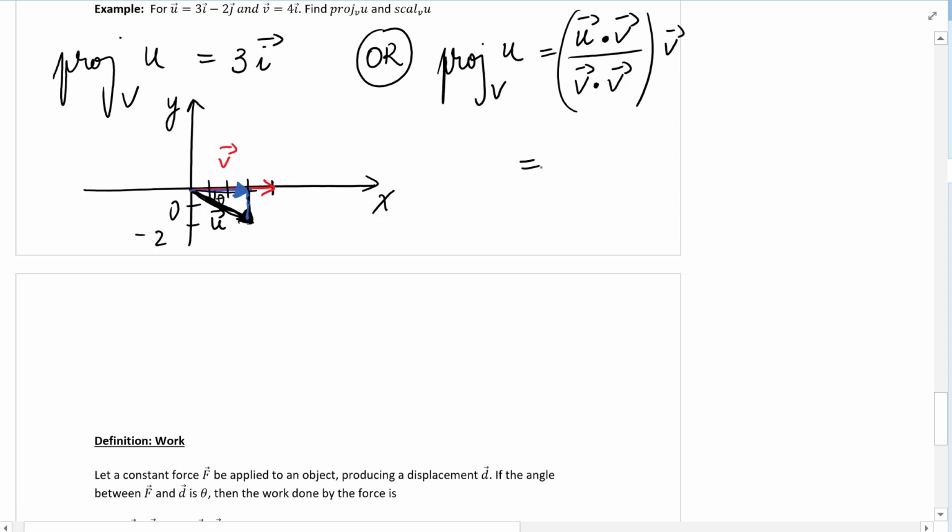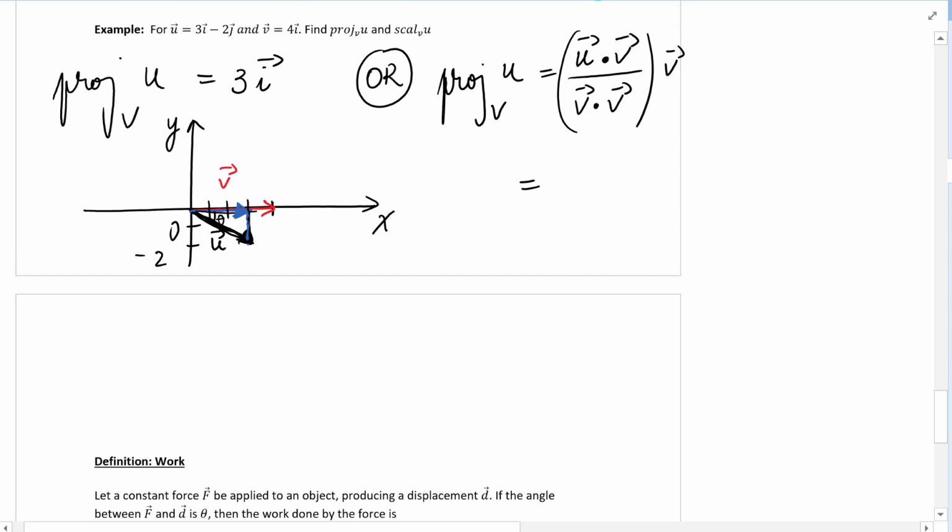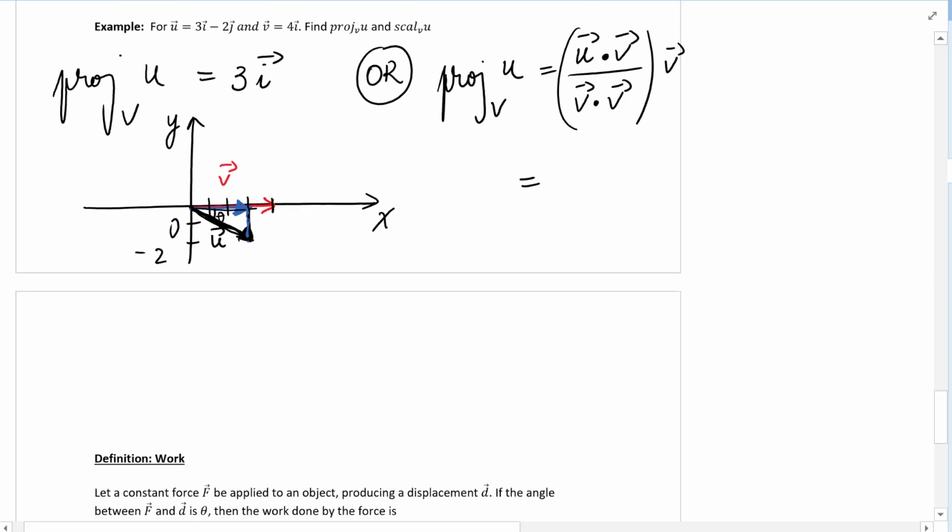The dot product between u and v is given by writing u as 3, negative 2, and v as 4, 0. We multiply these two, and then add the product of these two.